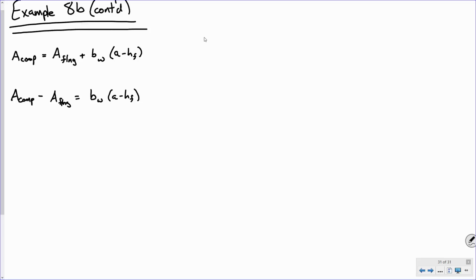And then what do I have to do? I just have to divide both sides by B sub W. And then if I'm solving for A, add that over, right? So would a fair expression be, therefore, A is the area in compression minus the area of the flange over BW plus HF. Is that a fair expression?